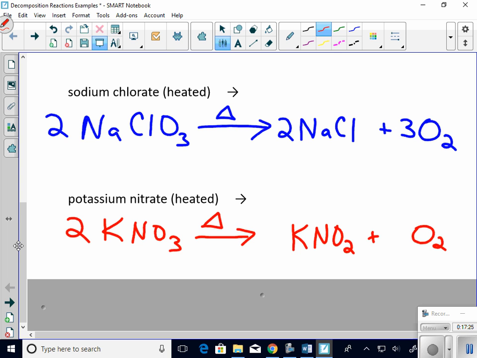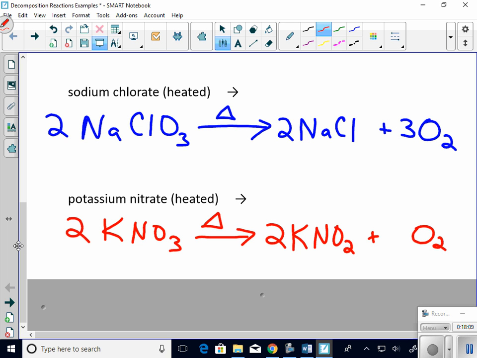So when I put a 2 there, and a 2 there, it balances everything up. 2 Ks, 2 Ns, 6 oxygens: 2 and 2 is 4, plus 2 is 6 oxygens. If I remember right, that was the only exception, right? So you just have to memorize number 4 is different with the alkali metals below lithium. Just got to know it.